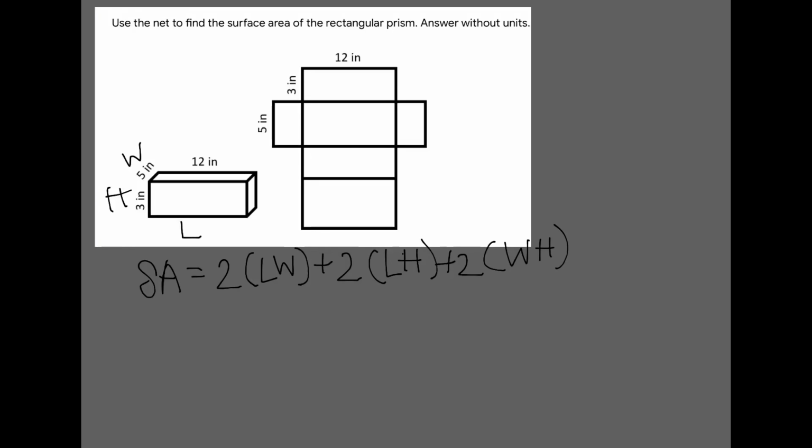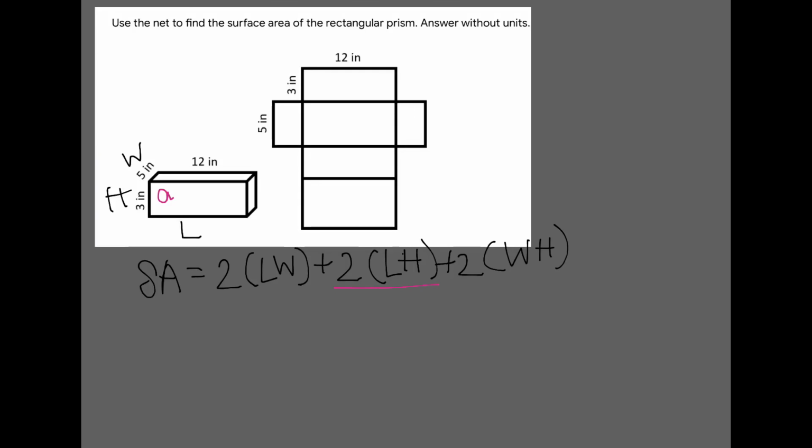So first I am going to find my length times my height. So I'm going to label this A, my length times my height. So I need to go to my net. Length times my height is right here. So there's going to be 2 of them.